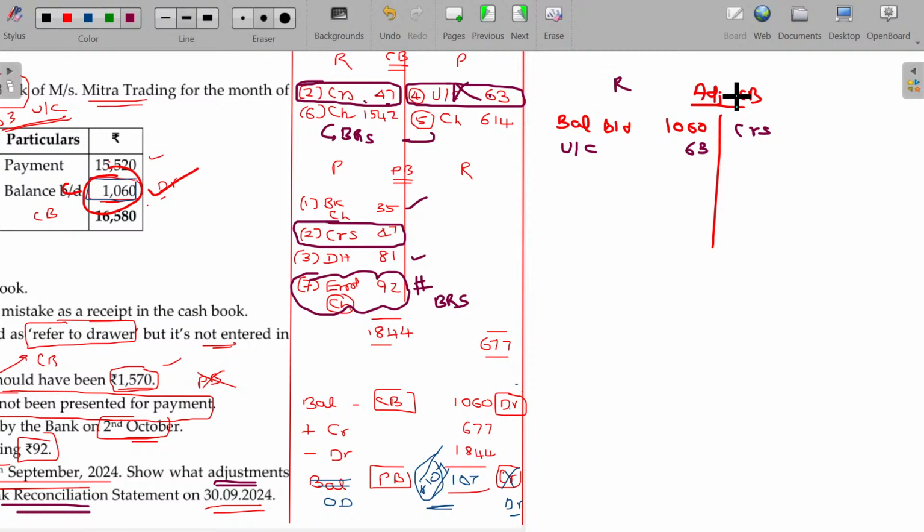Creditors, receipt side and payment side. In creditors, 47 plus 47, how much? 94. How do I record this? To remove this 47 in the debit, I credit it. To show it in the credit side, I have to show another 47 in the credit side. So 47 plus 47, 94 will be shown. And what about this one? Creditors.